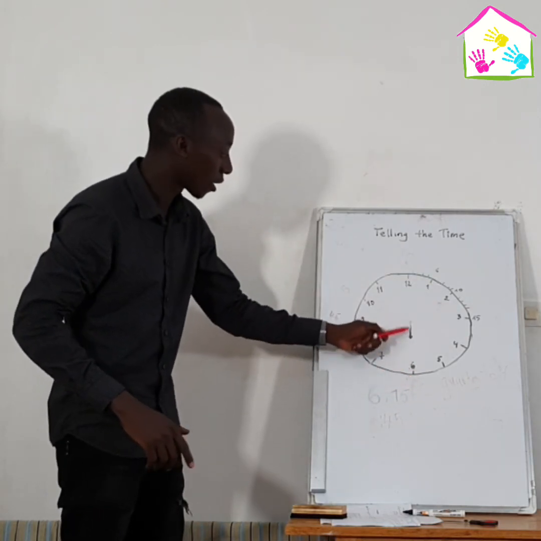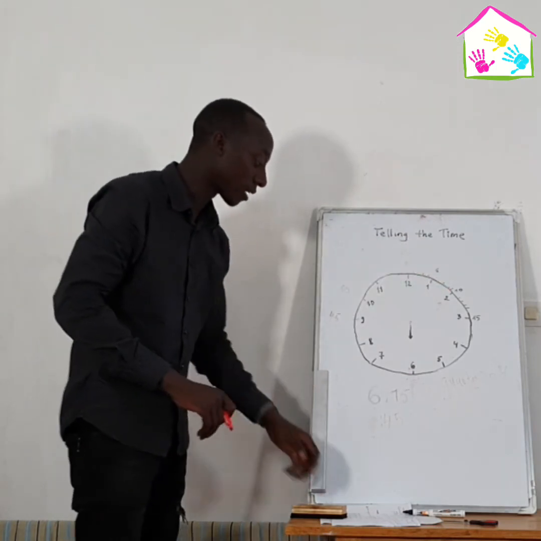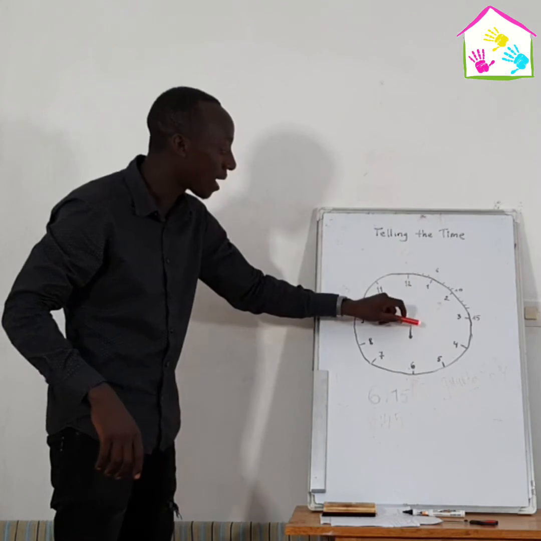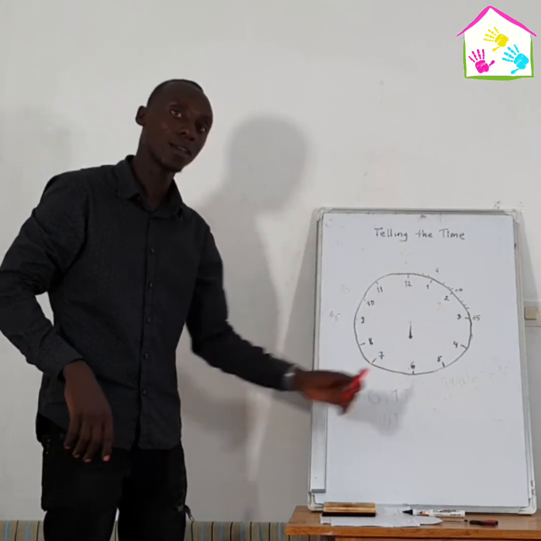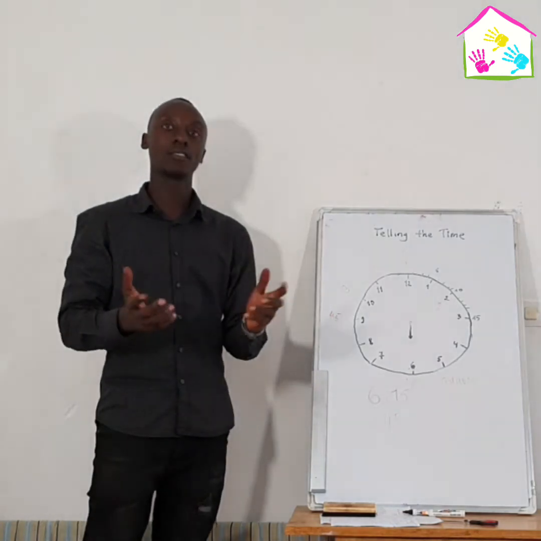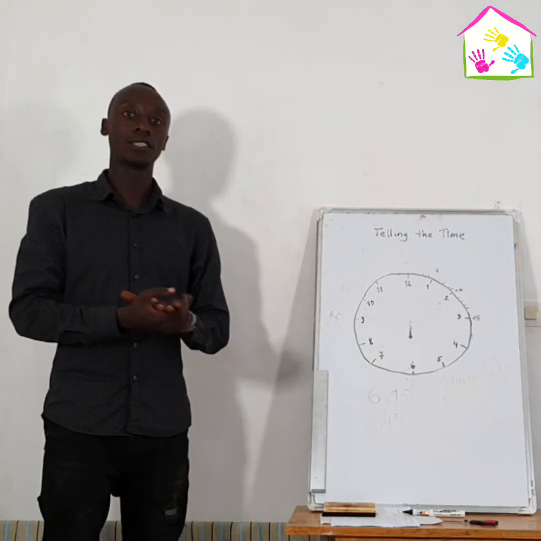It also points here at 6. How will we say the time? It is 10 past 6. So we will give you examples for you to understand well, because at this point you cannot fully understand.